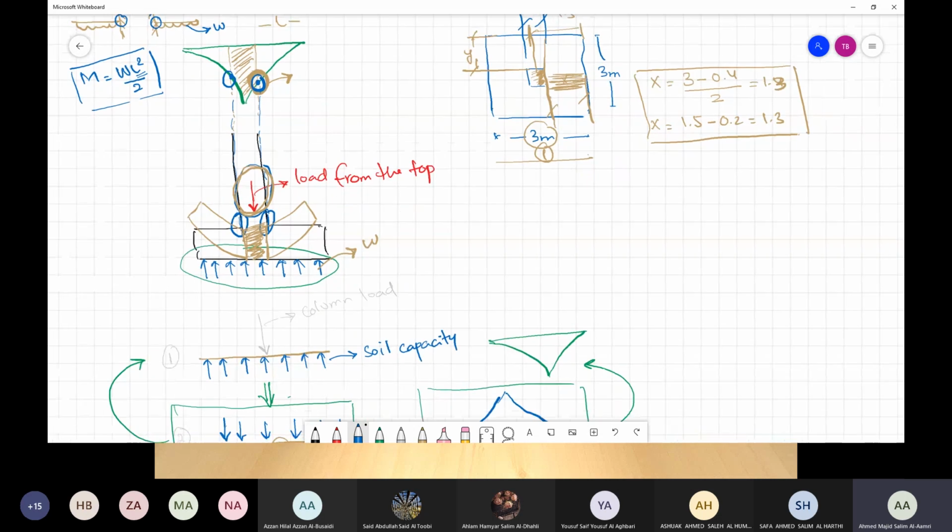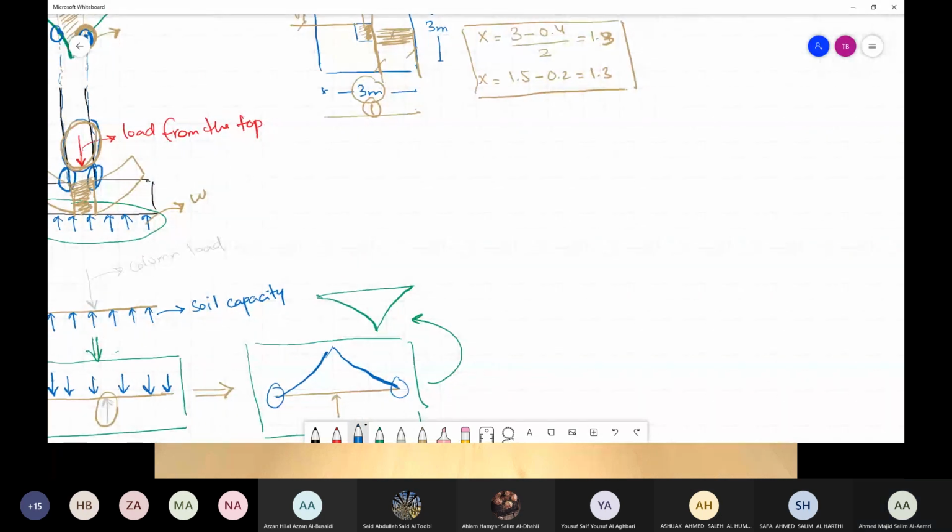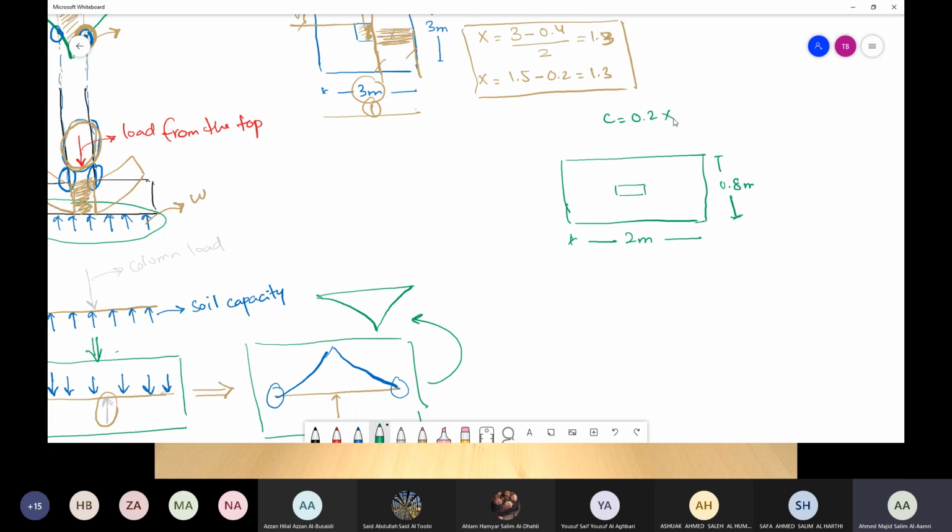Like, for example, if we have this scenario, this is my foundation, and then this is my column. Now this foundation, let's say it's 2 meter here, and then 0.8 meter here. And I told you the column is 0.2 into 0.4.